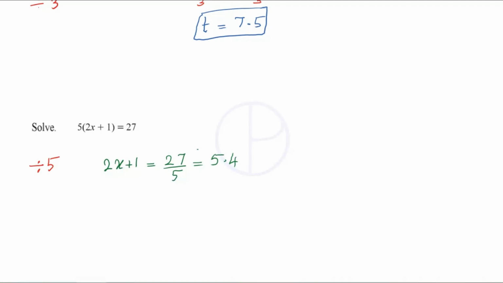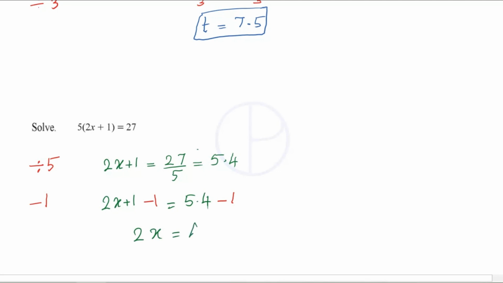Then we need to do subtraction. Subtract 1. So 2x plus 1 minus 1 equal to 5.4 minus 1, which is nothing but 2x equal to 4.4.